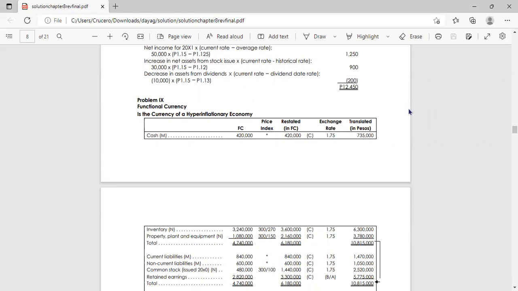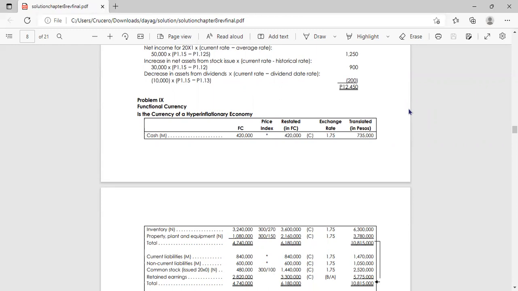When we have the exchange rate in 20x4 equal to 300, and here we are given the rate of 175.